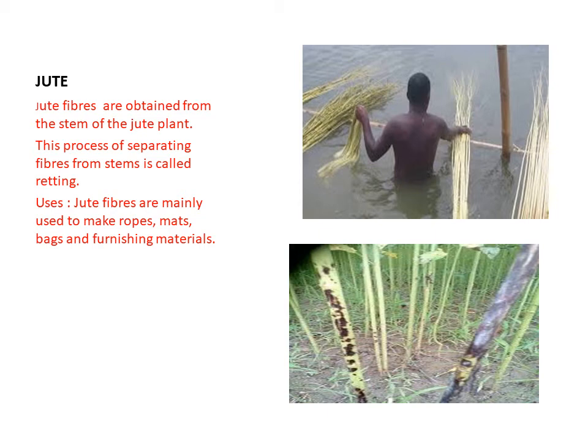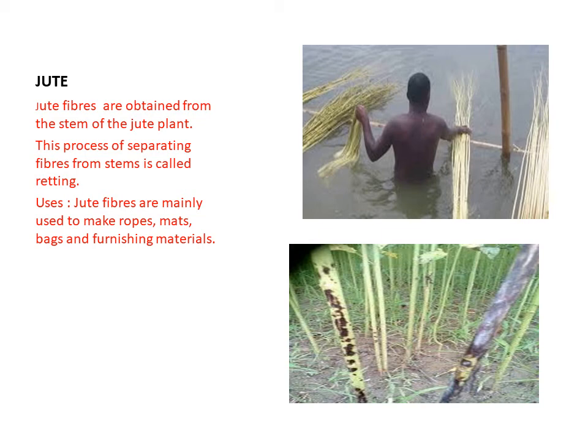This plant grows well in a variety of soil types and in regions that receive a lot of rain. How do we obtain the jute fibers? We will see. Fibers are obtained from the stem of the jute plant.